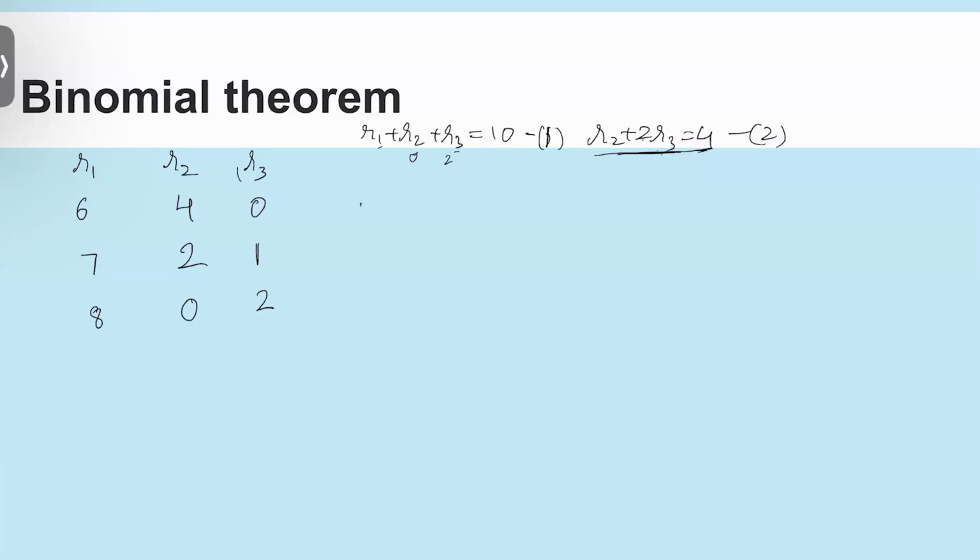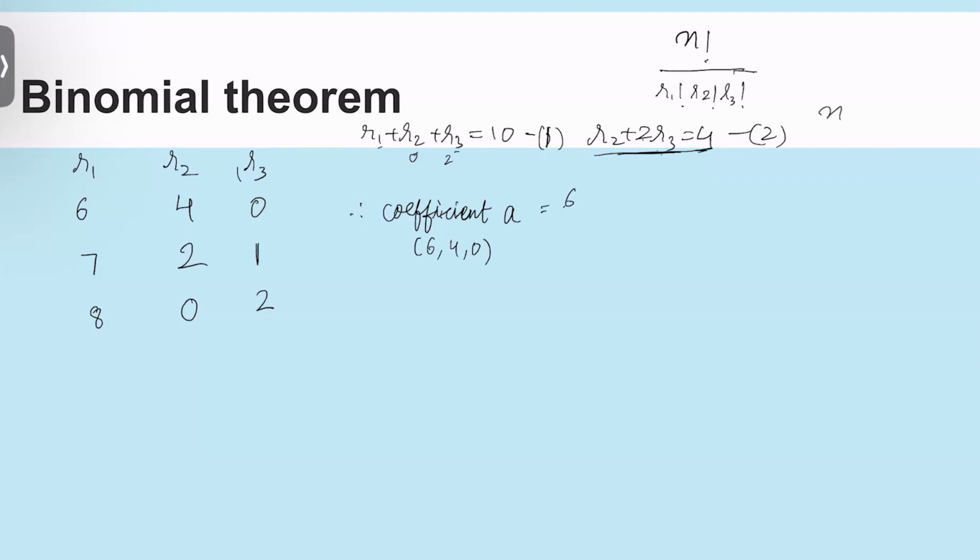Therefore, coefficient, say A, would be for the pair 6, 4, 0. The coefficient, as we have seen, has to be n factorial upon r1 factorial, r2 factorial, r3 factorial, the product of that.